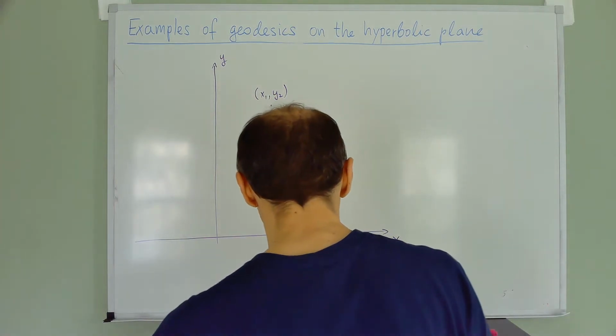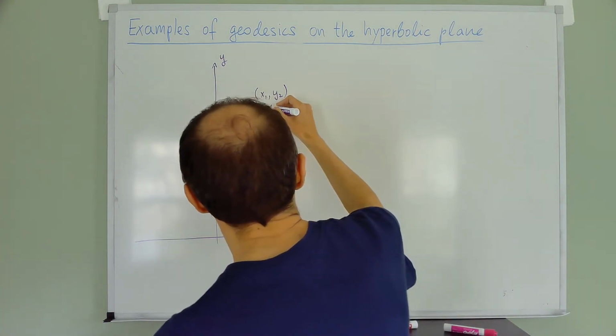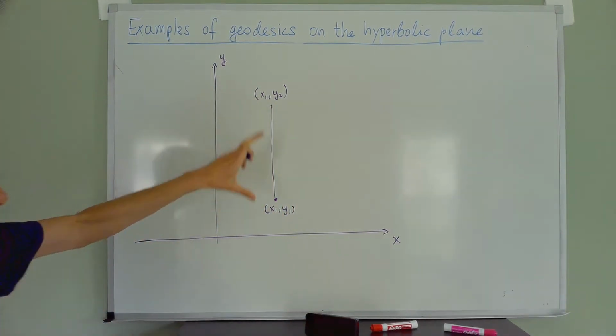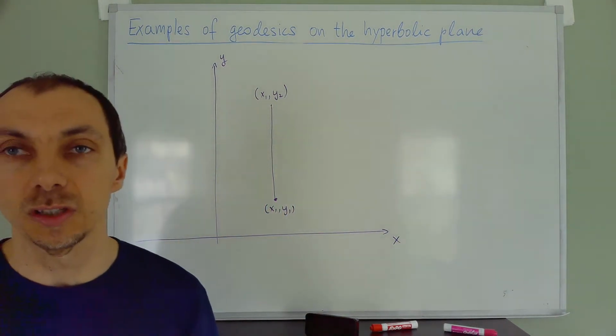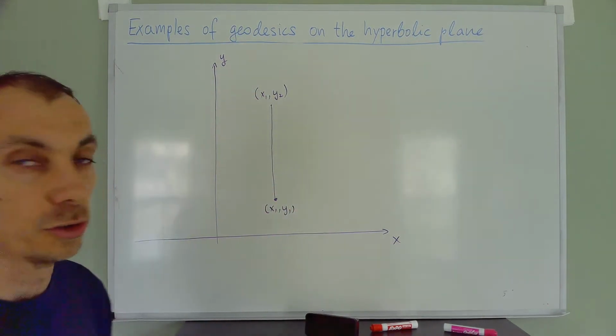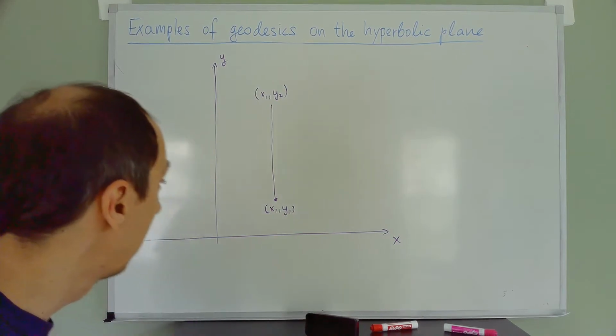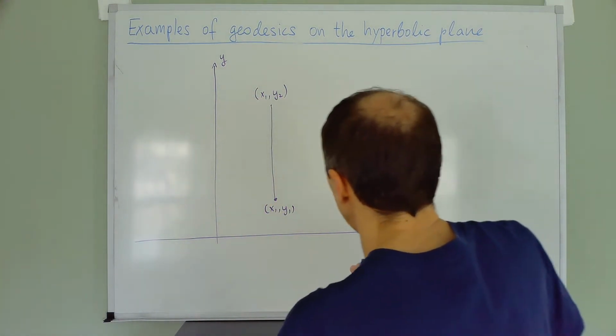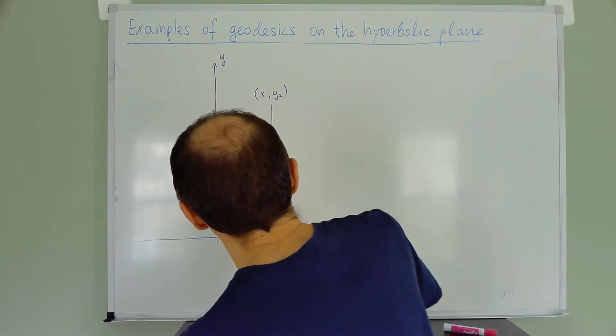So I connect these 2 points by a geodesic, which is also a geodesic in the Euclidean sense, right? Straight line segments are geodesics in the Euclidean sense, and the vertical ones are also geodesics in the hyperbolic sense. Let's call these points A and B.